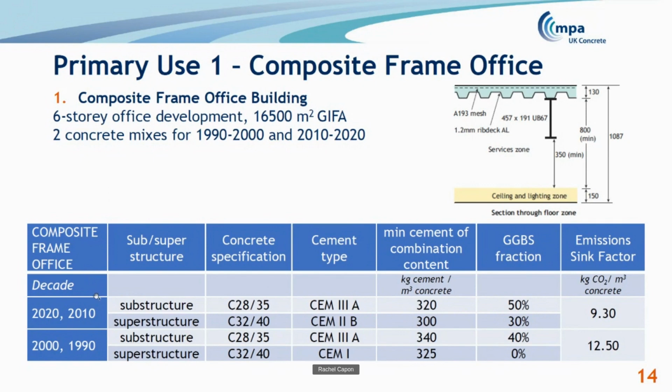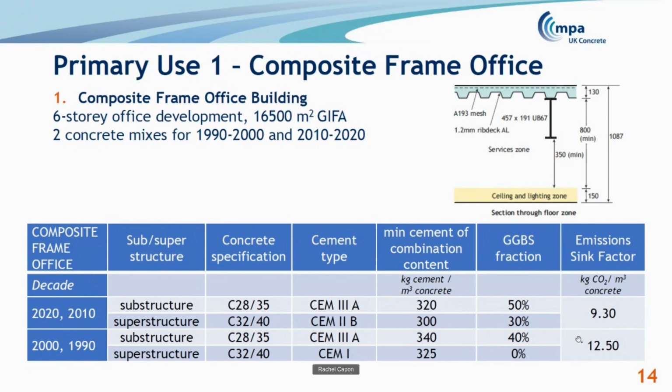So for our office, we've got 2 different concrete specifications and minimum cement contents of the concrete. So you can see that there's more GGBS in the recent decades than in 1990 and 2000, when there would have been some GGBS in the substructure but not in the superstructure.